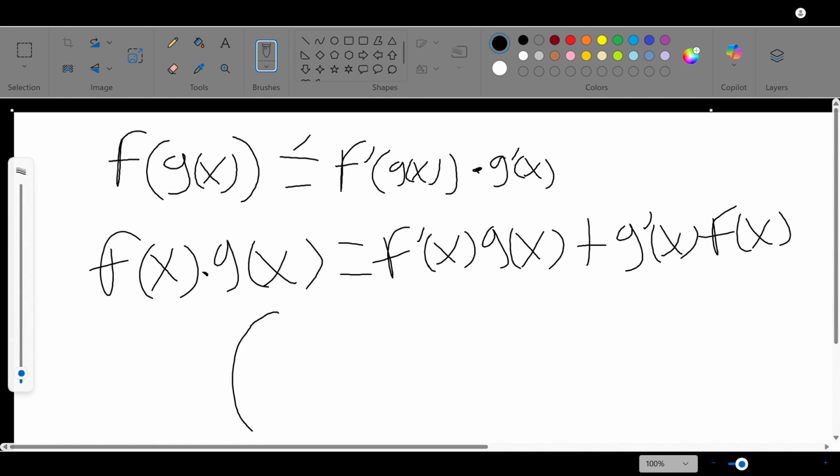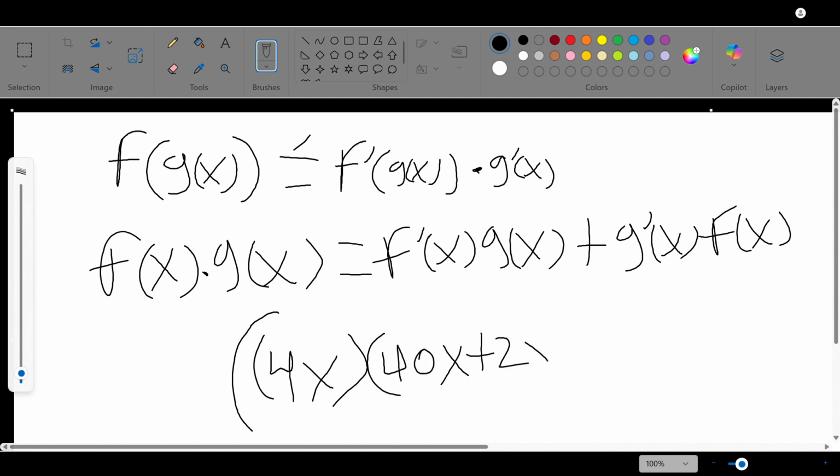Now, this is only for practice's sake. People will test you on this. Let's say you have first the outside function. Let's just put the parentheses, and then we'll put product rule in there. So it's more parentheses, 4x parentheses 40x plus 2x parentheses to the power of 2.